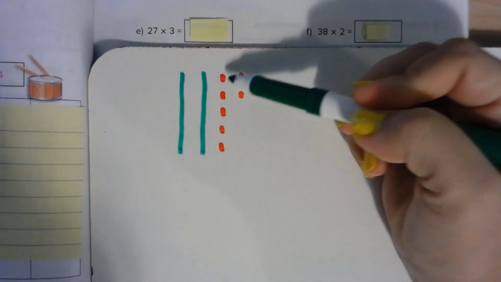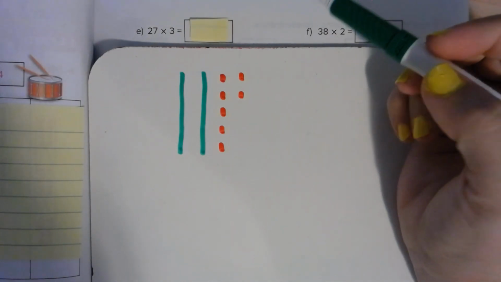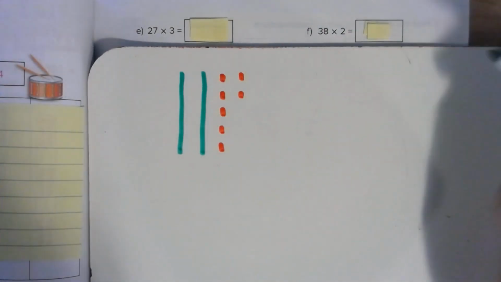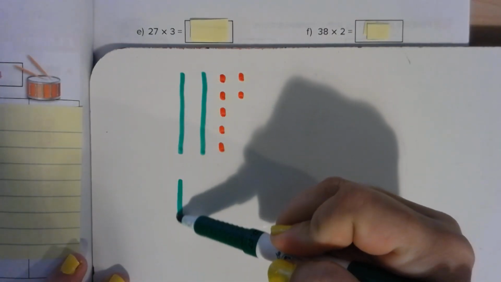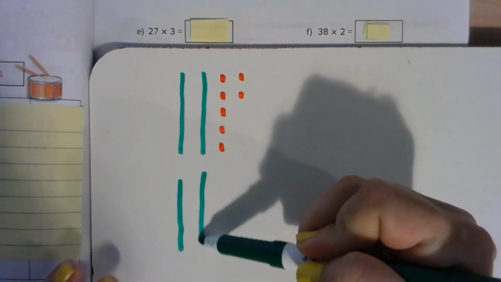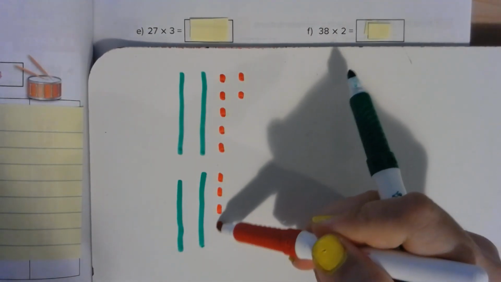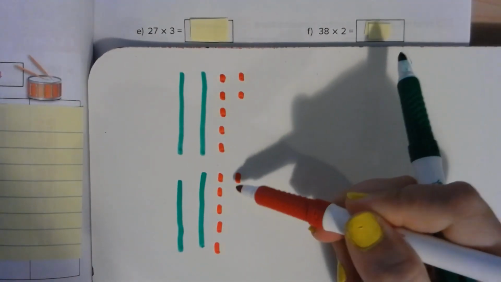I also like to make columns of 5 because then I can easily count to 10. I can take away 2 columns of 5. You'll see what I mean soon. And 20, 1, 2, 3, 4, 5, 6, 7.